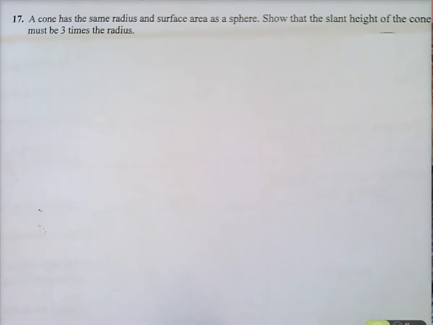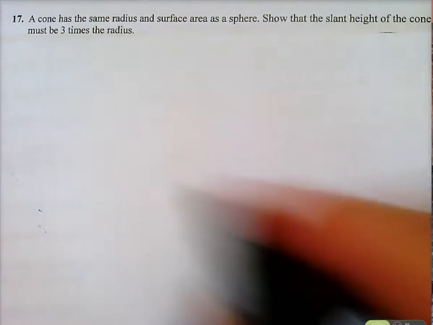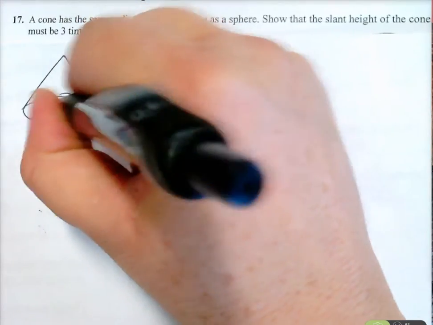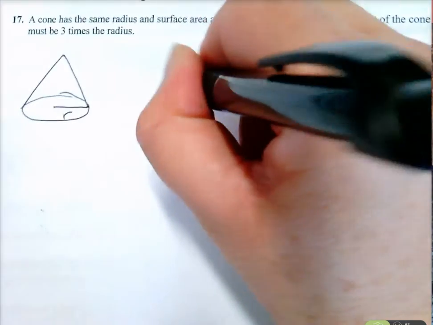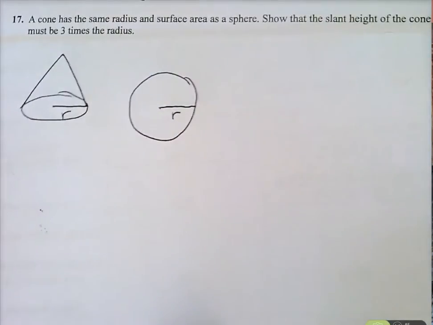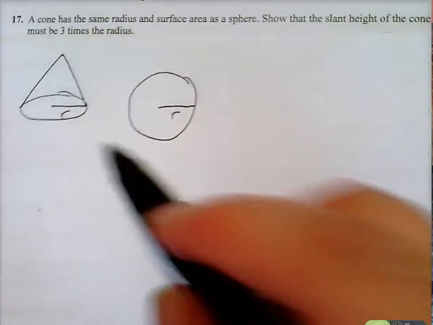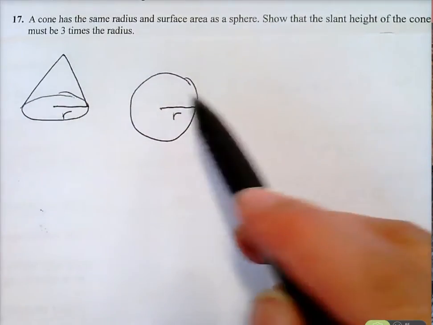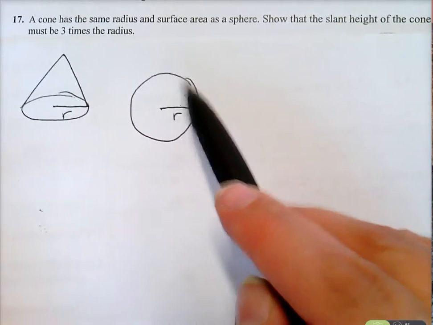A cone has the same radius and surface area as a sphere. All right. Shh. I'm drawing it. So, a cone has the same radius and that cone has the same surface area as this sphere.